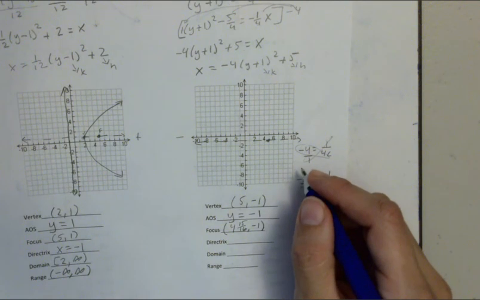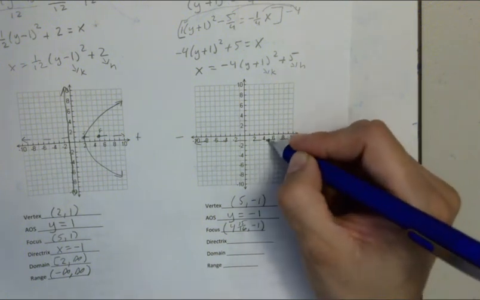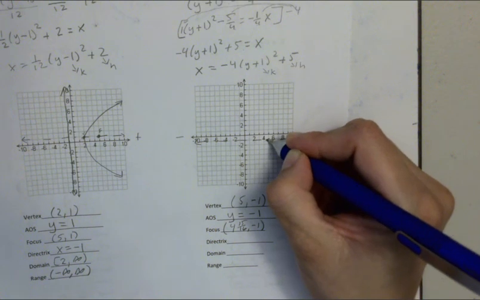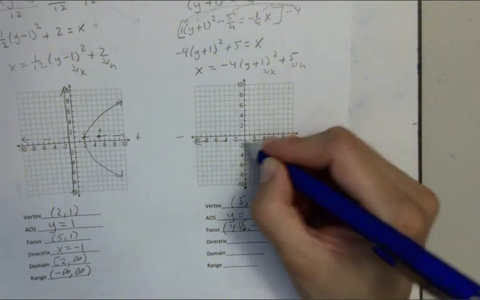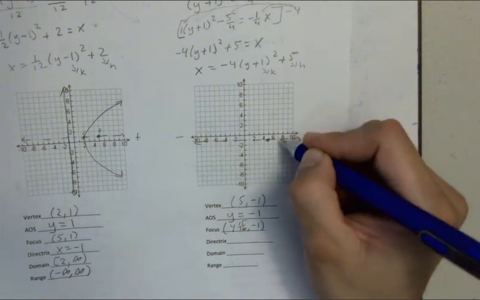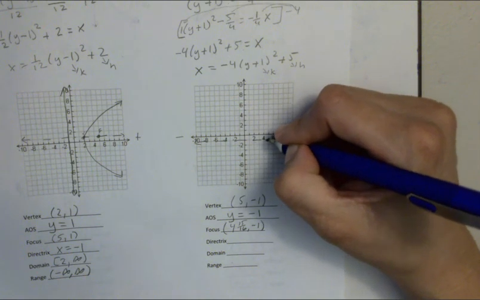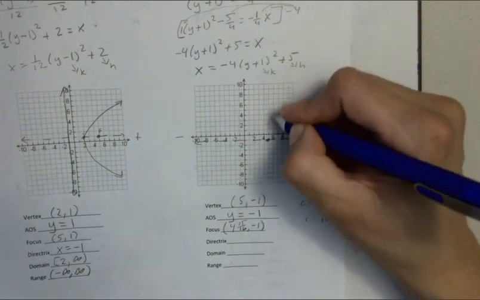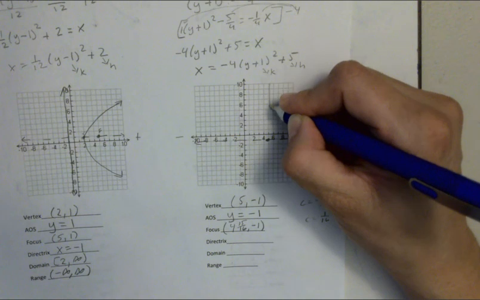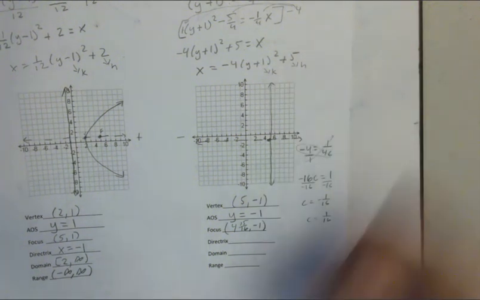Okay, and now to get our directrix. So again, you're here at 5 along your x-axis, and you're going to the right, or the positive direction, 1/16 in order to draw the directrix. So you're at 5, you're going over 1/16. So now you're at 5 and 1/16, which again is teeny tiny, but we're just going to sketch a little line right here to the right of 5.